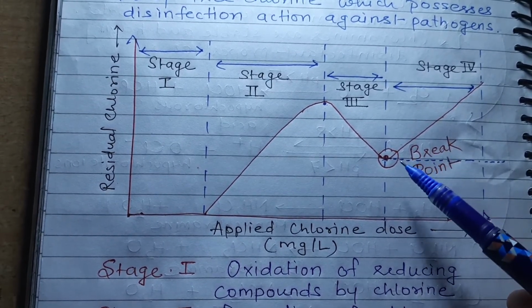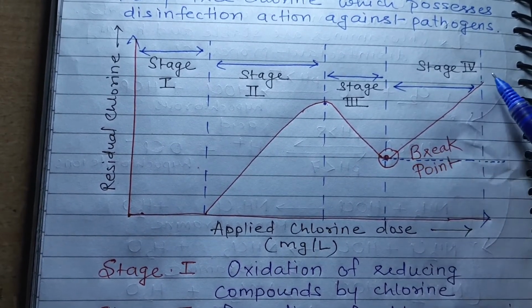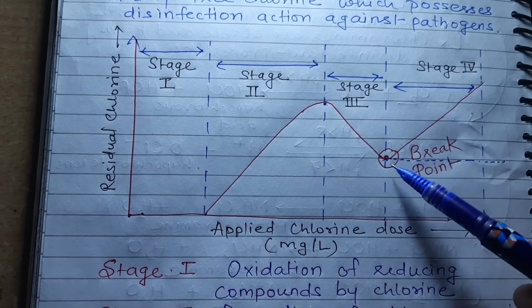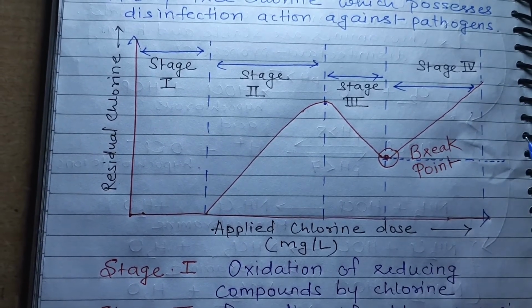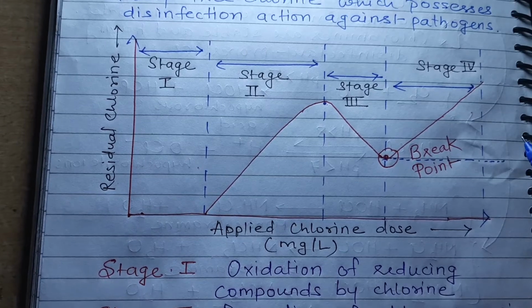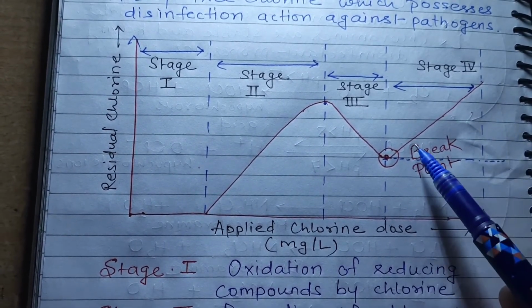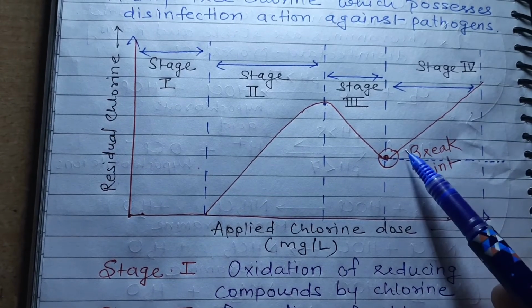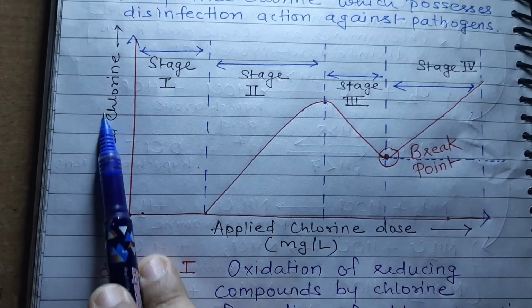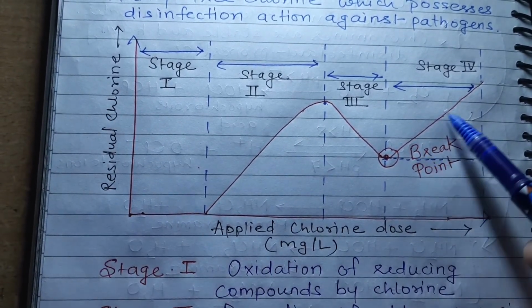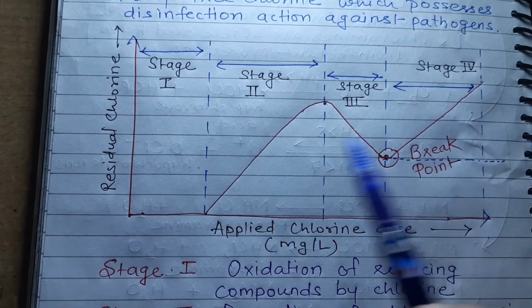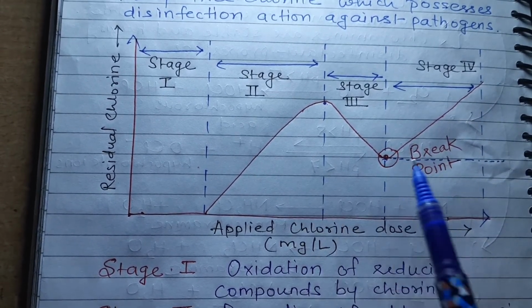The amount of free chlorine residual increases sharply, and now whatever chlorine you are applying to the water will remain in the water in the form of residual chlorine, and it is not used in any process because all the impurities have been oxidized.